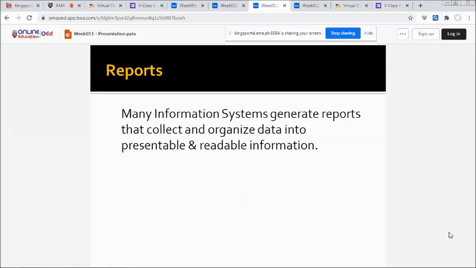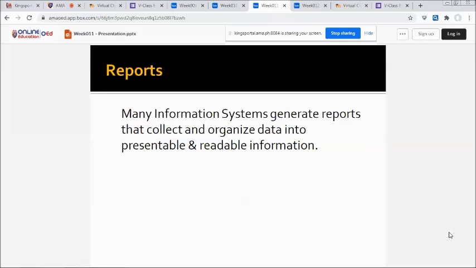ERP systems include sharing capabilities to suppliers or customers. Typically, this is done through secure channels and networks or VPN, virtual private networks.